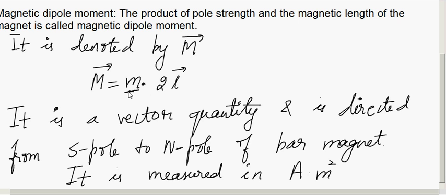The product of pole strength and the magnetic length is known as magnetic dipole moment, and the SI unit of magnetic dipole moment is ampere meter square, and it is a vector quantity.